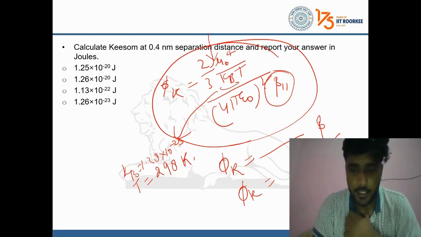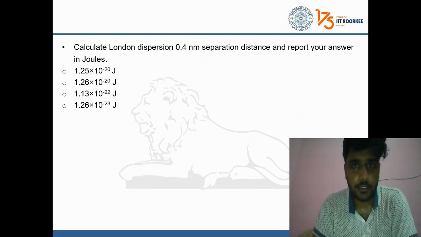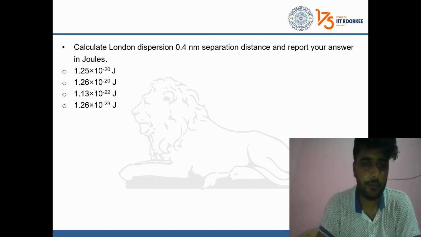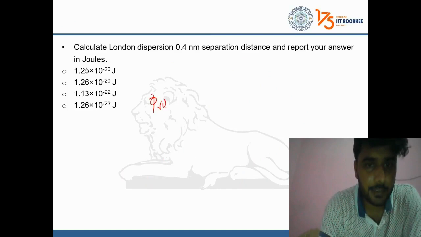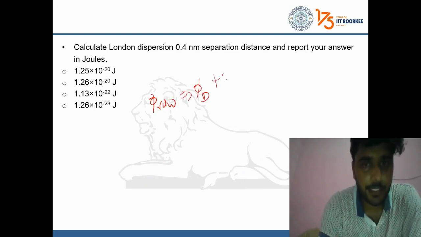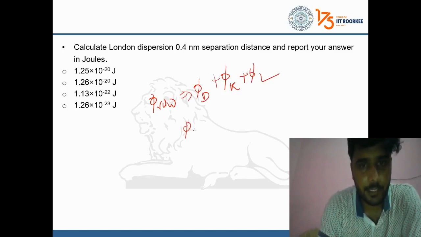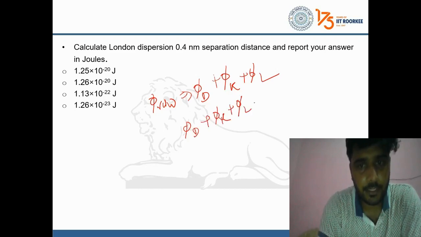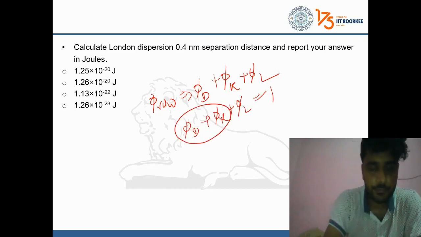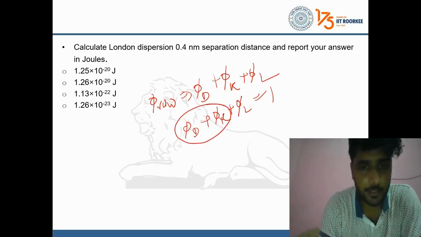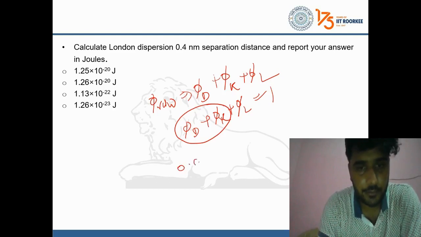Okay, and for the London dispersion value, for total van der Waals interaction there are three terms, that is phi d plus phi k plus phi l, and the total contribution will be equal to 1. If you know these two values, let me just put the values.